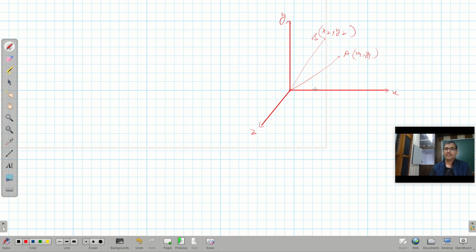So now we have another frame, let us say it is the S frame, and we have another frame S prime which is rotated about the xy plane.